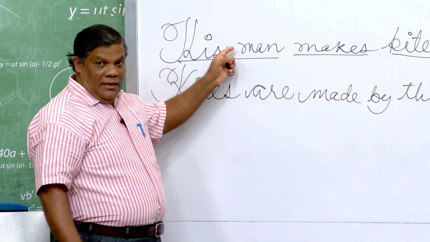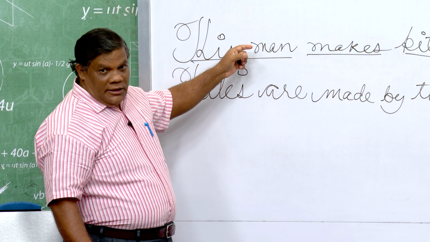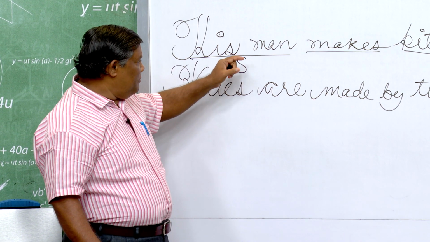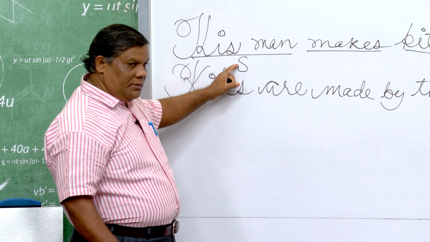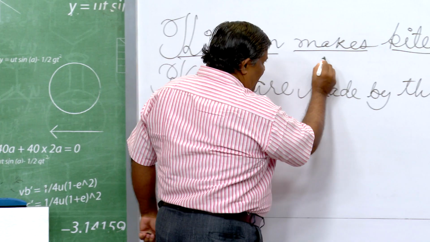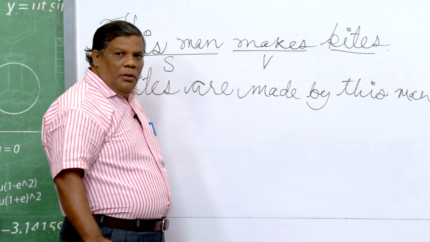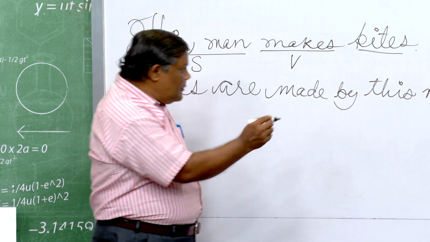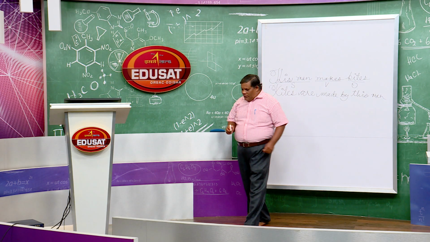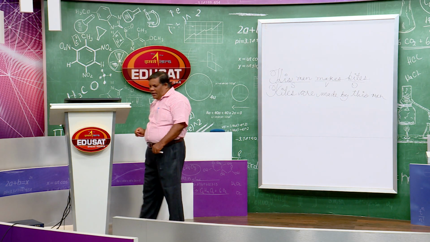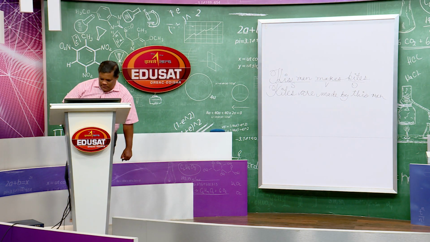This is the first part, I say, not the first word in the sentence. The first part of the sentence is the subject, the second part is the verb, and the third part is the object. We actually need these three important elements for passivization.